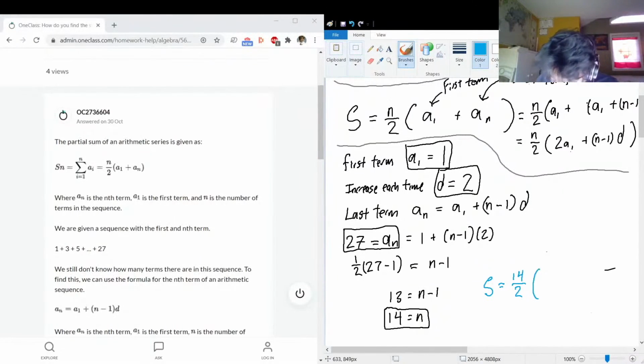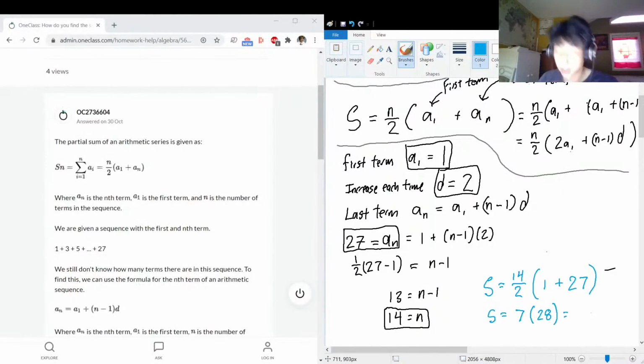And then a1 is just 1. An, the last term, is 27. 14 divided by 2, 7. 1 plus 27, 28.